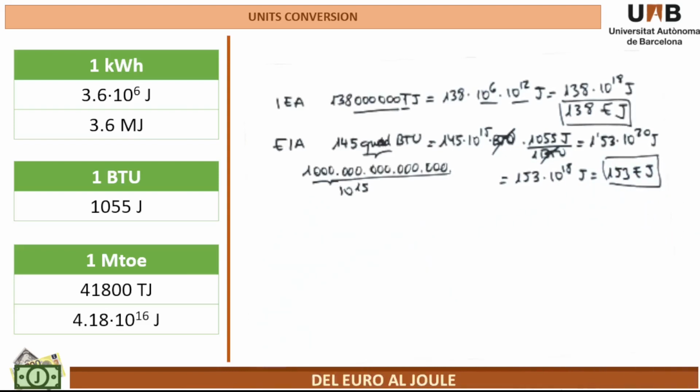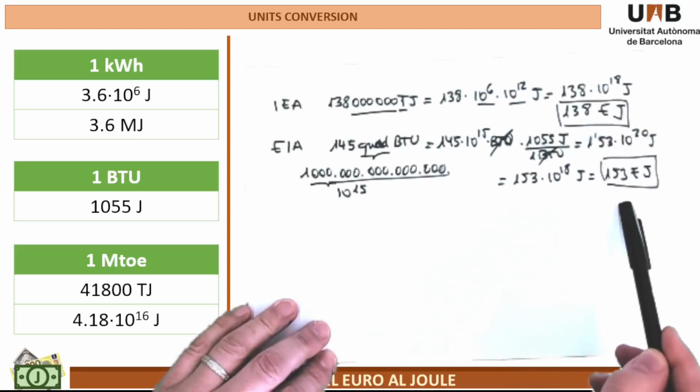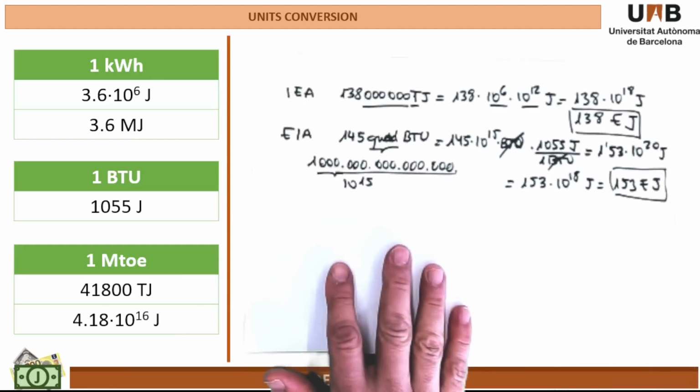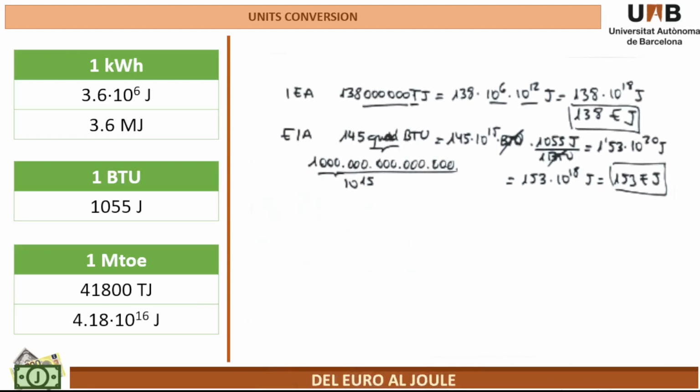We can see that the two values are not the same, but are approximately the same. You have to consider that all these data, the data that are given by the agencies, are obtained not by counting the real energy that is being consumed, but by doing some assumptions and approximations.